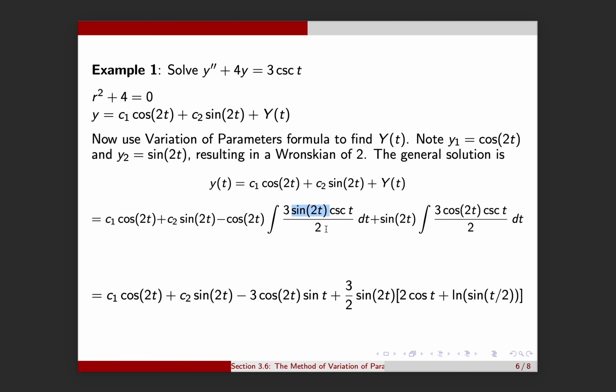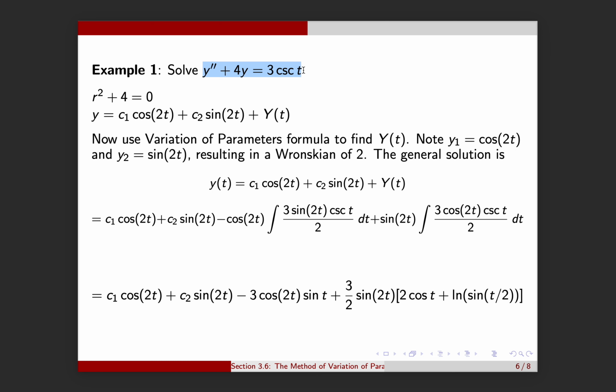Here's y2 divided by the Wronskian, plus the other function from the homogeneous part, and then again your 3 cosecant t, and there's your other homogeneous solution, and then again divided by the Wronskian. And there you go. This is the general solution to this original DE.